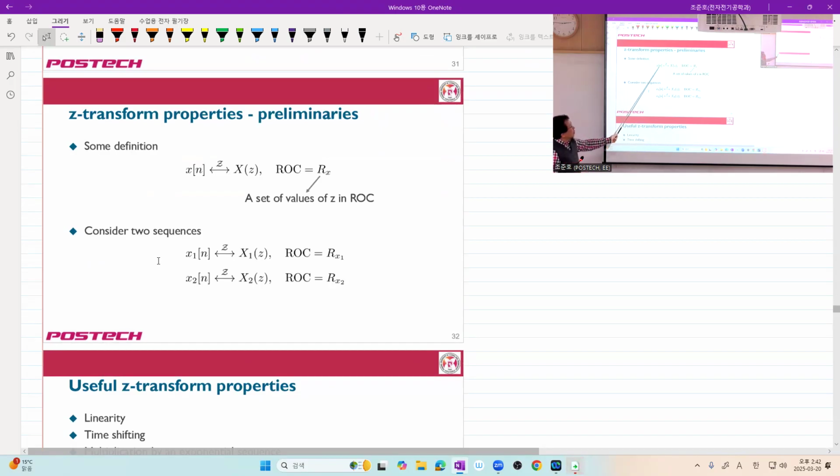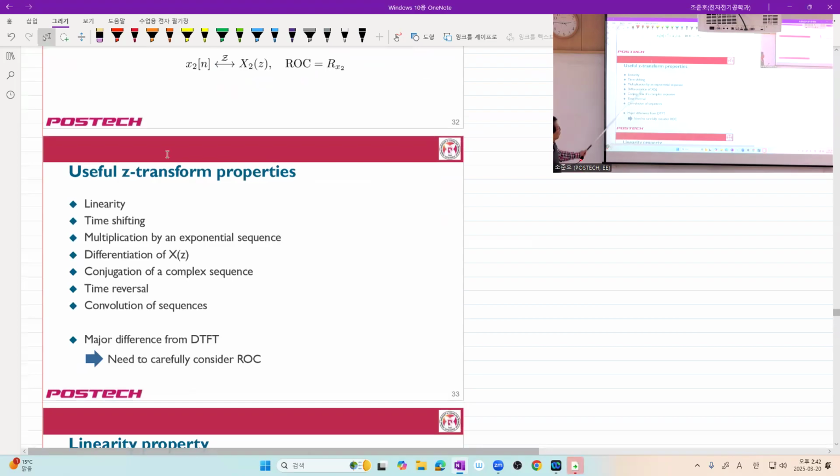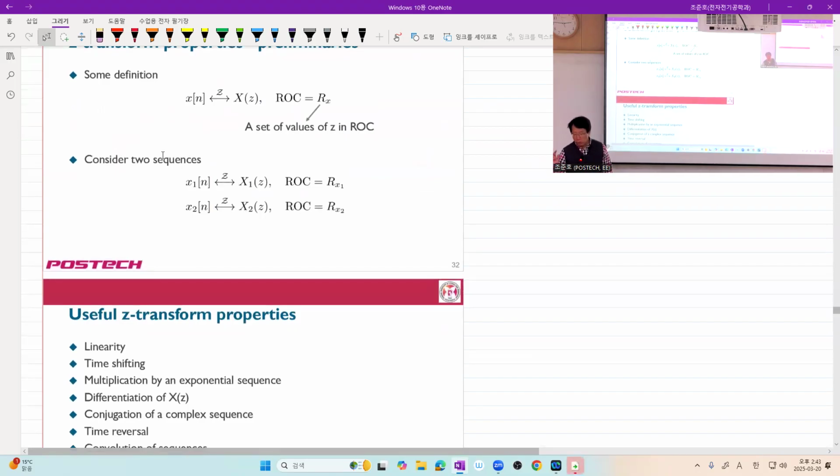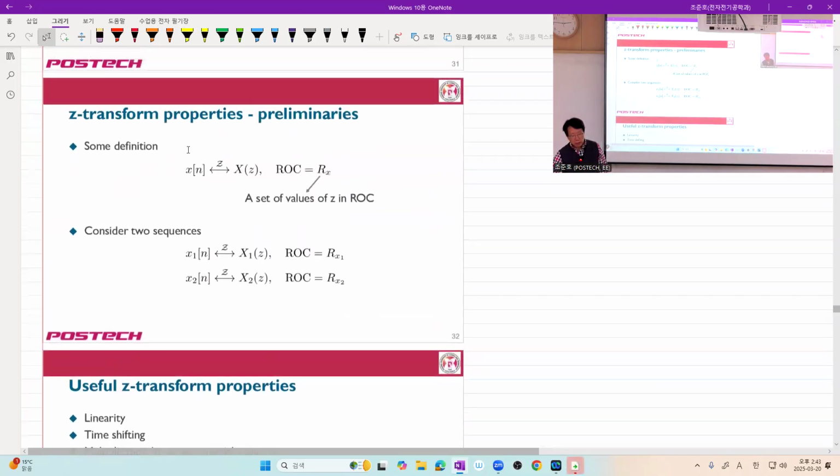These are just assumptions we are going to use when we talk about this, especially for the first one, linearity. So what we say here is that Z transform is a linear operation. What does that mean by linear operation?